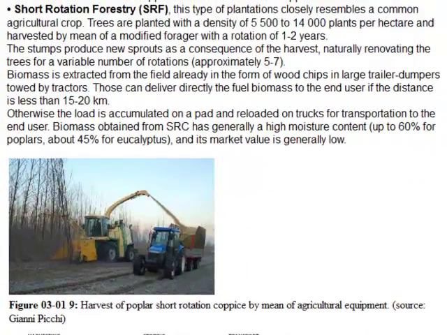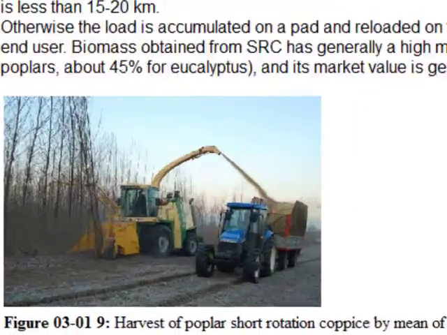Another type of lignocellulosic biomass that can be produced from agricultural activities is the so-called short rotation forestry. For SRF, the biomass is harvested only at 1 to 3 years of age, and the trees will be only a few centimeters in diameter.